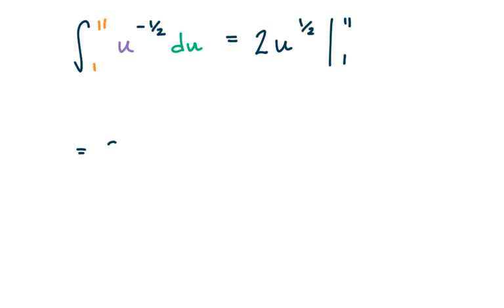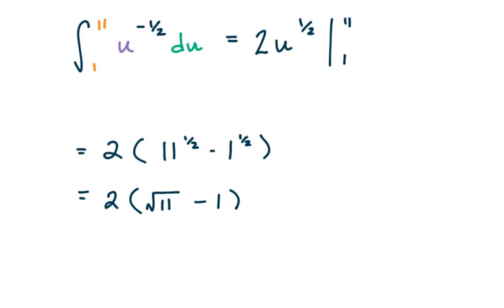So I have 2 times 11 to the 1/2 minus 1 to the 1/2, which is 2 times the square root of 11 minus 1, or 2 root 11 minus 2. I prefer the factored form.